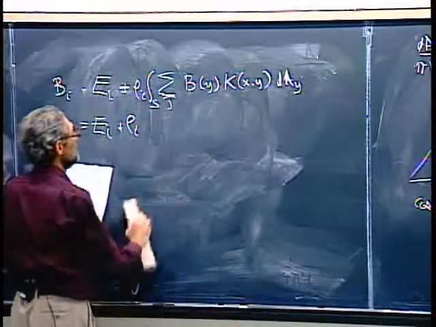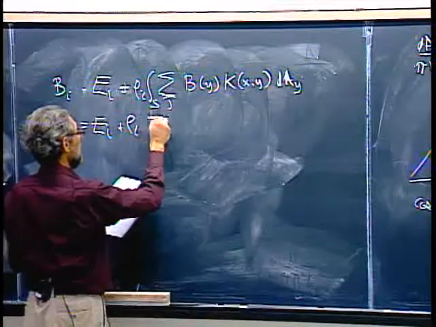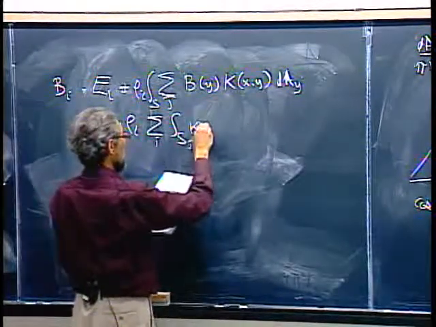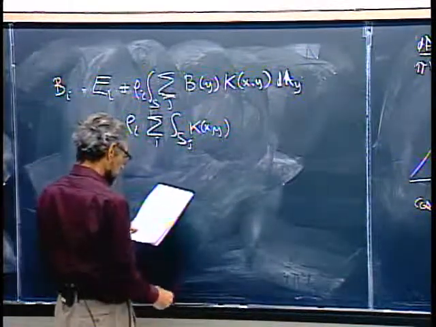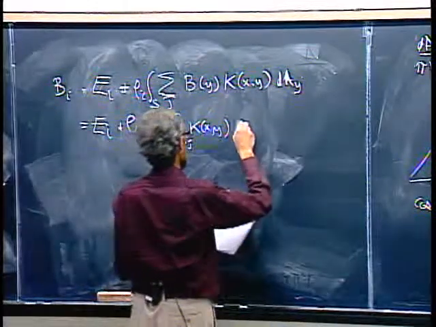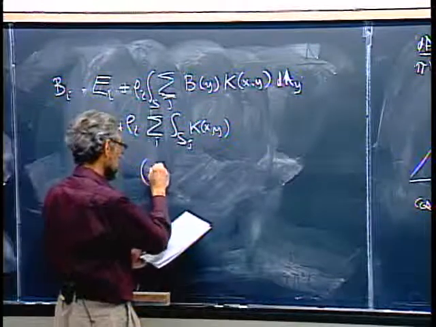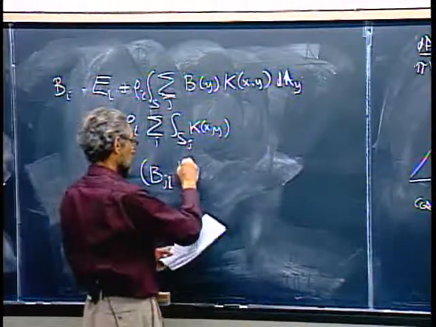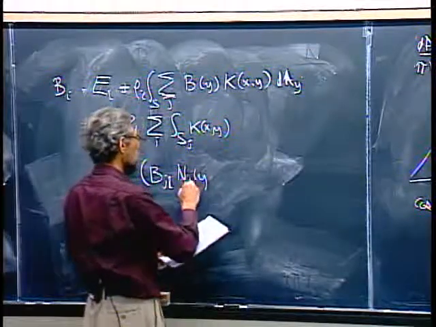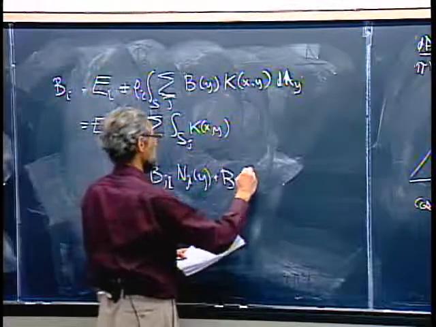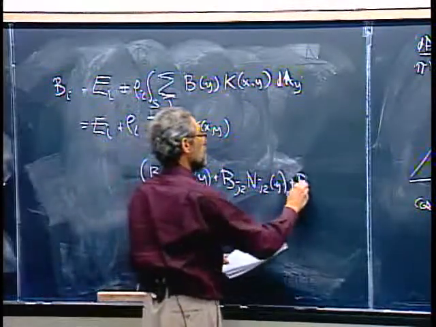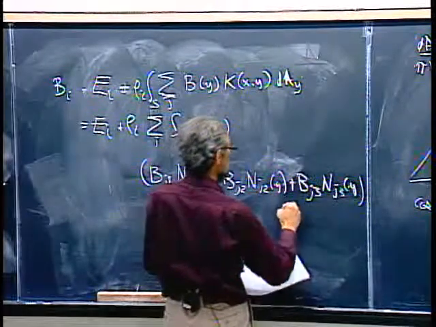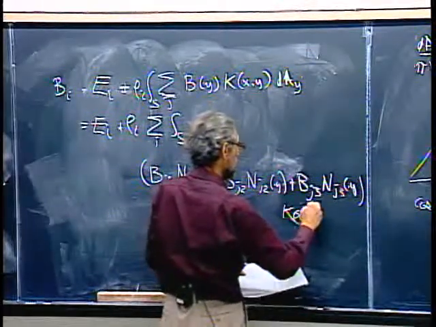But if we put the sum outside here, we can have the integral over just S_j of k(x,y), and then we only have 3 vertices, times b_j1. j1, j2, j3 are the 3 vertices of the triangle containing y: b_j1 N_j1(y) plus b_j2 N_j2(y) plus b_j3 N_j3(y), times k(x,y) dA.